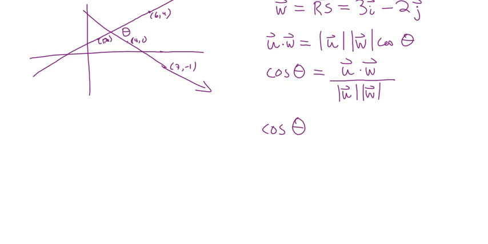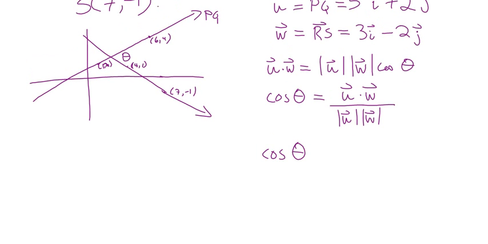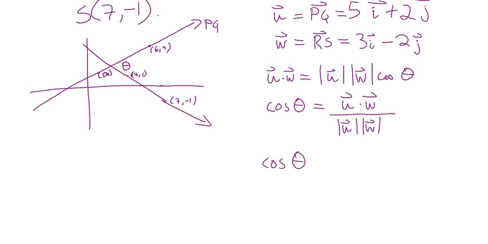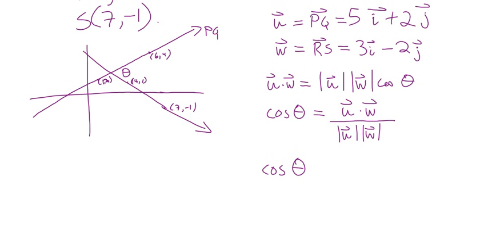Okay, U dot W. I've hidden numbers, they're still semi-hidden. U dot W is 5i plus 2j times 3i minus 2j: 5 times 3 is 15, plus 2 times negative 2.